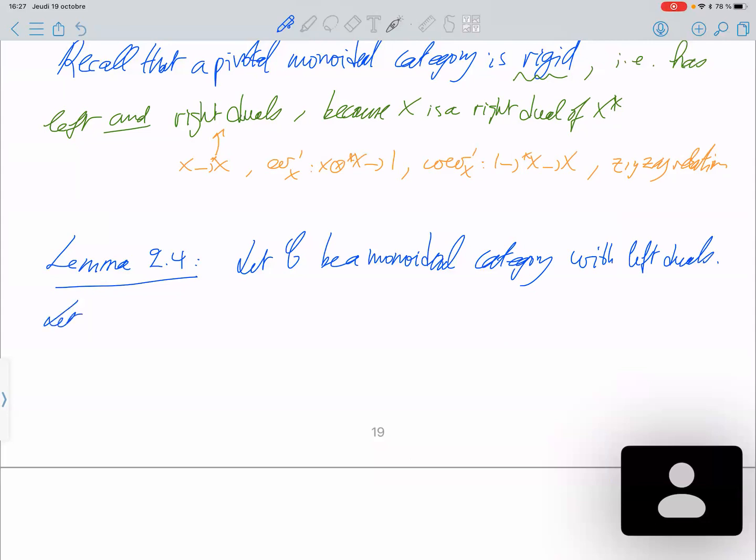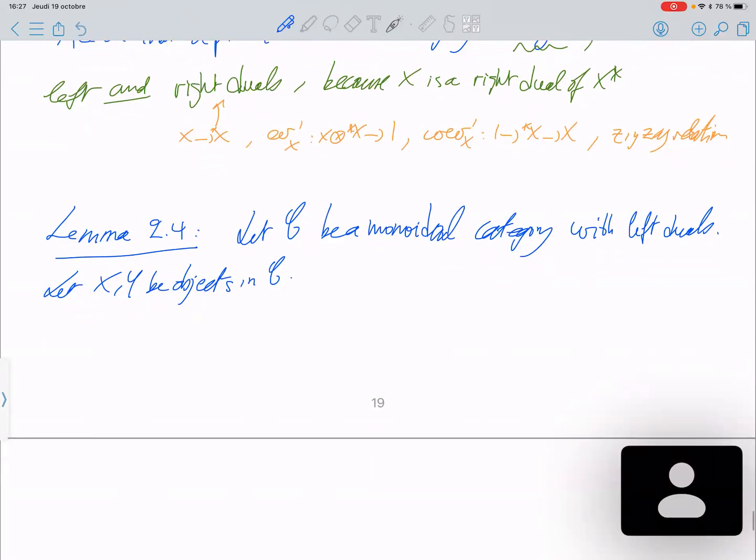Let X, Y be objects in the category C. So what's the point of this lemma? This lemma will be again an equality between two pictures. So we need to consider two morphisms. Let alpha be a morphism between Y and X star.